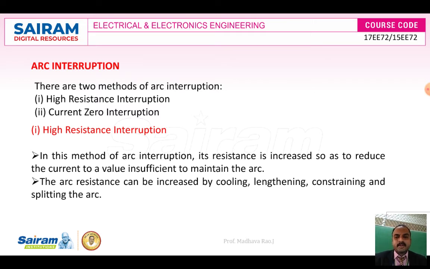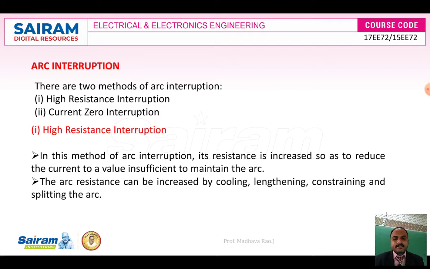Remember, when the resistance is increased, the current is automatically reduced. So the resistance is increased so as to reduce the current to a value insufficient to maintain the arc.